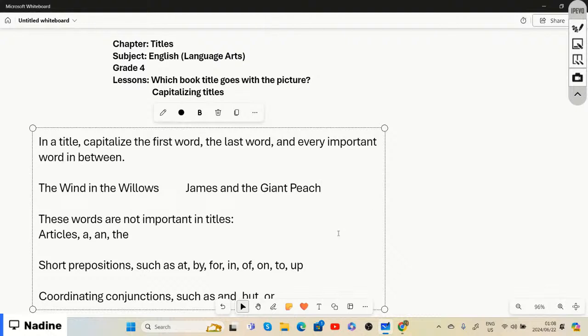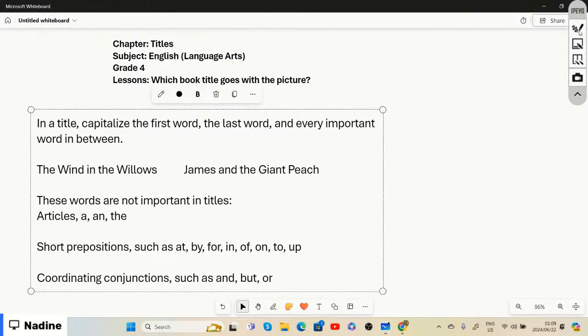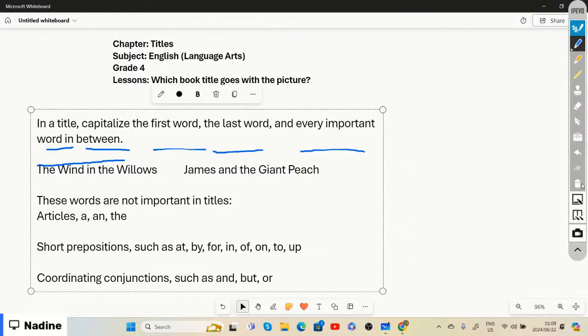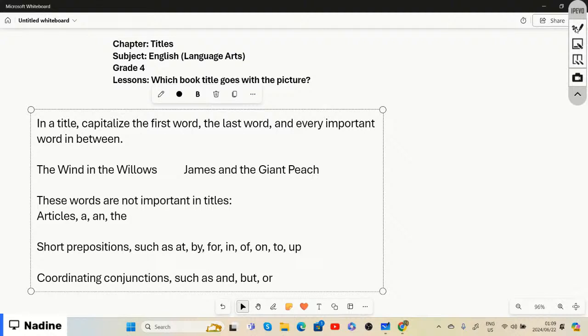So when we capitalize that title, let's say the book title, then what we'll do is the first word of that title is capitalized, which is The.